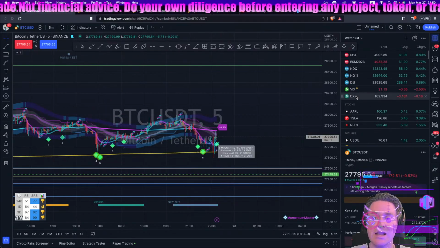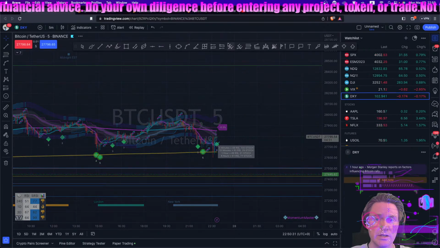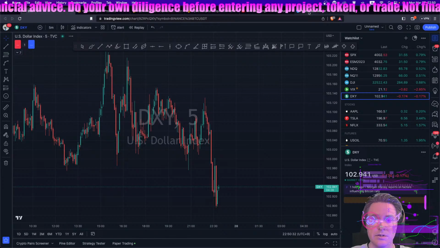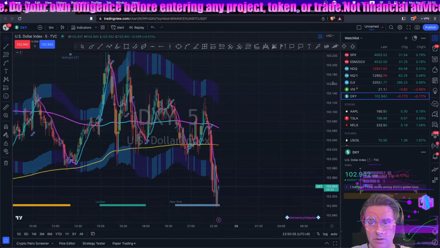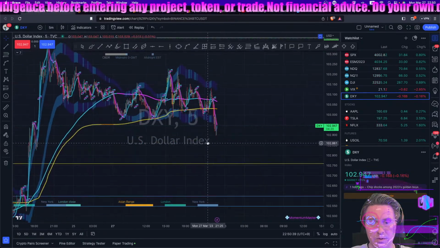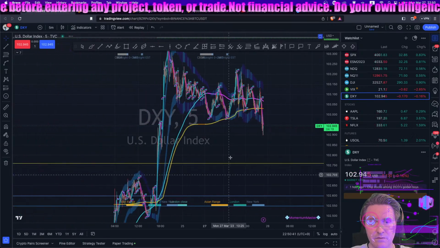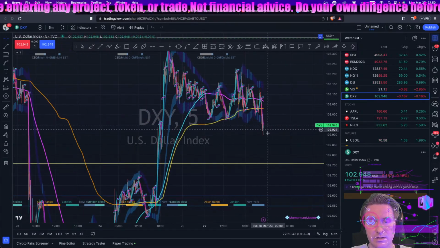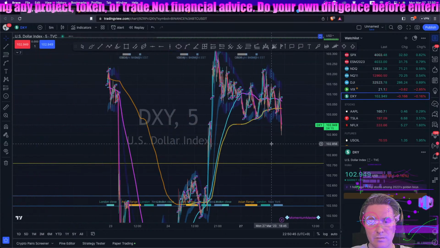Let's go to the dollar, shall we? What's happening with the dollar? Dropping down. So we're seeing that drop in the dollar that we were projecting before to the potential 618 region. We're starting to see it fade down to that region perhaps.